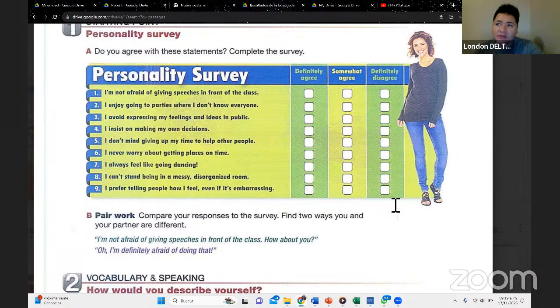They are very interesting. So in the personality survey, they tell you, like on Facebook, what kind of person you are or what kind of animal you are, right?